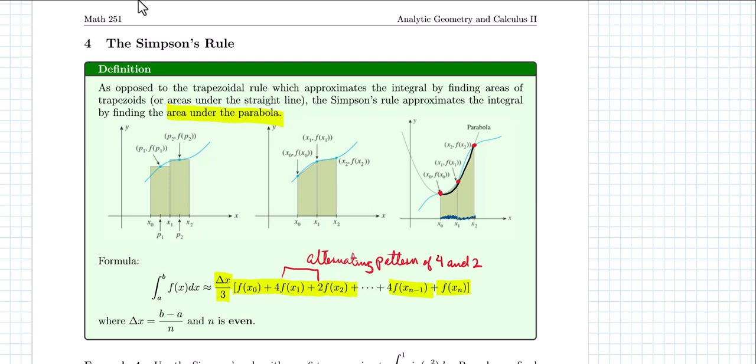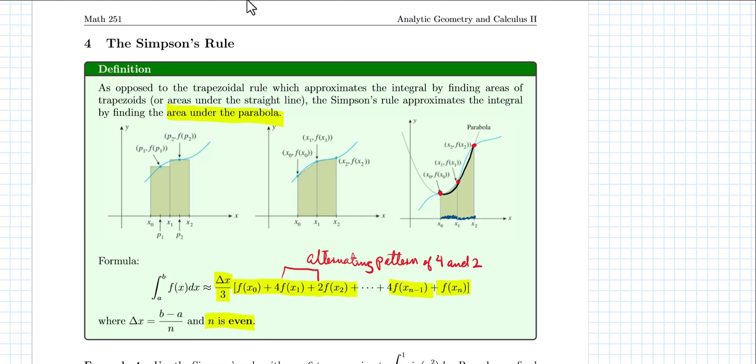Because of this, whenever you're using Simpson's rule, your n, your number of subintervals, has to be even, because each parabola is taking into account 2 subintervals. If a problem tells you to use 5 subintervals or 7 subintervals with Simpson's rule, you cannot. Simpson's rule only works when n is even.